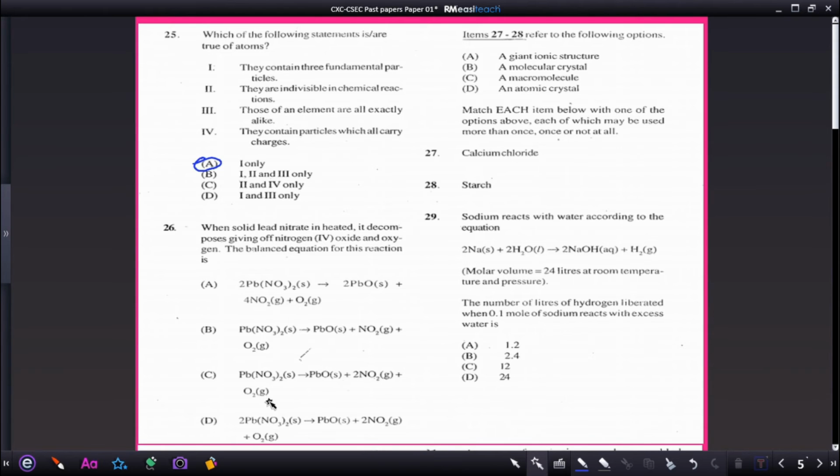So that's 5 and 2, 7. So C is out of it. In D, you have 4 and 1, 5, 5 and 2, 7, so 7 oxygen on the product side, 12 oxygen atoms on the reactant side. So the answer for that is A.